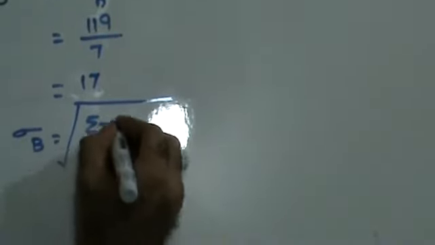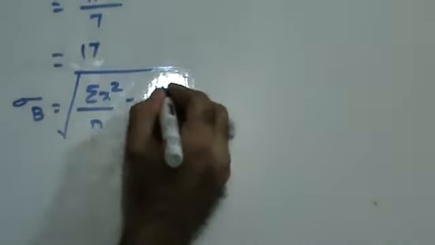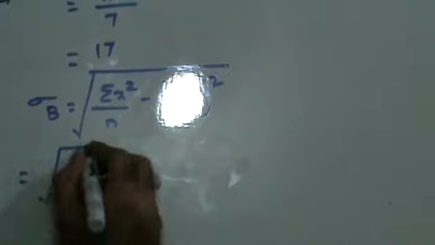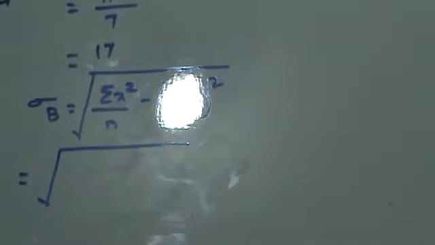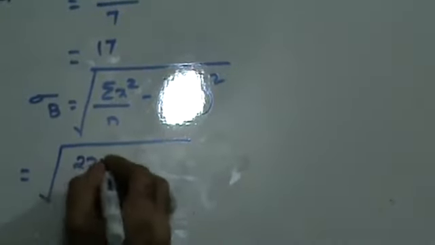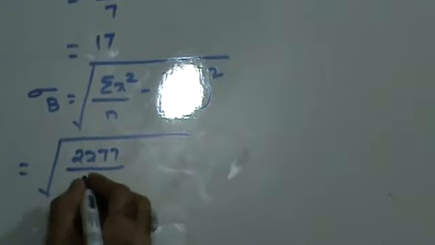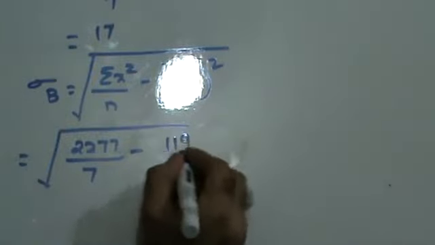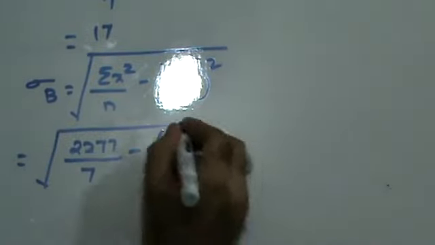That is square root of sigma x square upon n minus sigma x upon n the whole square. So in that case, this is going to be square root of sigma x square, 2277, divided by n, 7, minus sigma x, 119 divided by 7, the whole square.